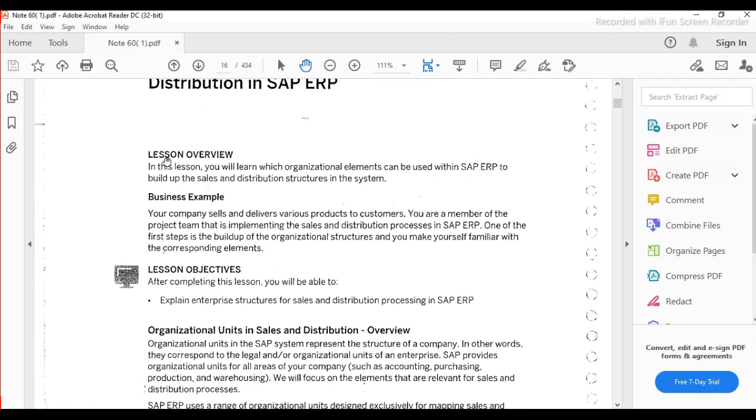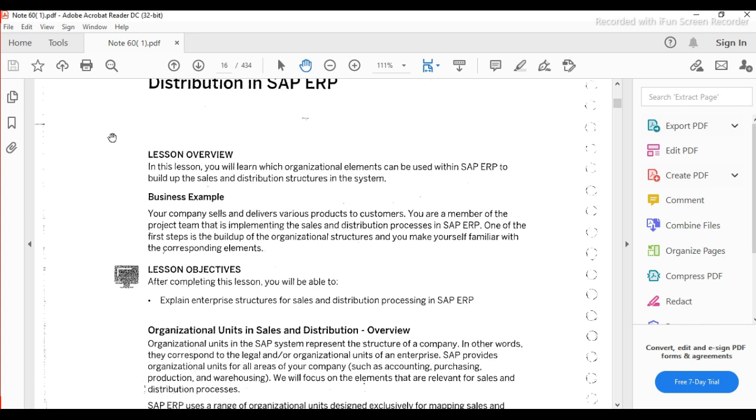If you go through the lesson overview, in this chapter we are going to learn some of the organizational units that are used to set up the sales process within the ERP system. As a business example, suppose your company sells and delivers various products to customers, and you are a member of the project team. As an SD consultant, it is your responsibility to map and structure all the org units relevant to the sales process.